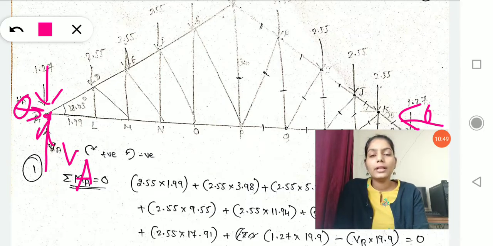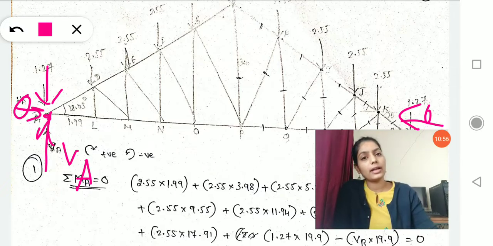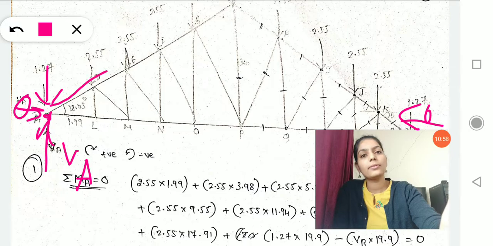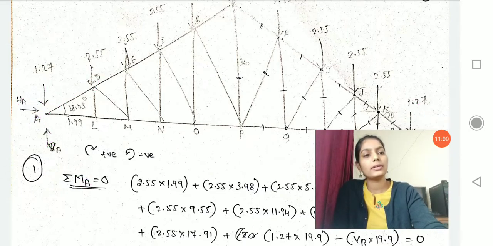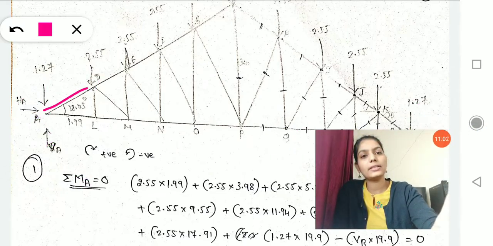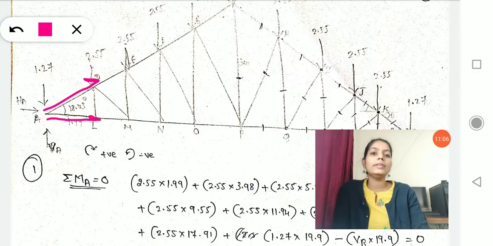Now, how many unknowns are present at this joint? The number of unknowns will be 1 in this direction. Let me draw it again. 1 in this direction and the other one in this direction. So the number of unknowns is 2. Others are known to us.